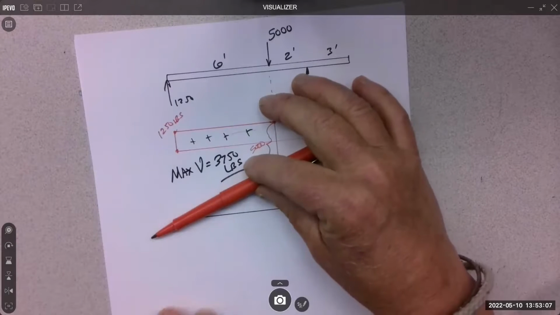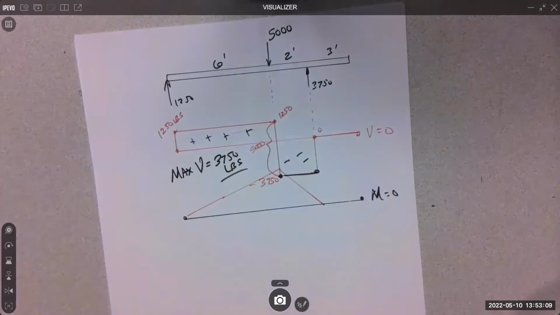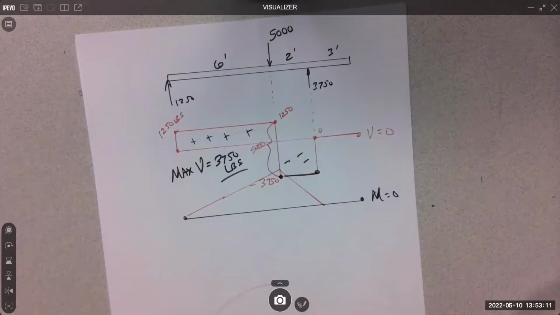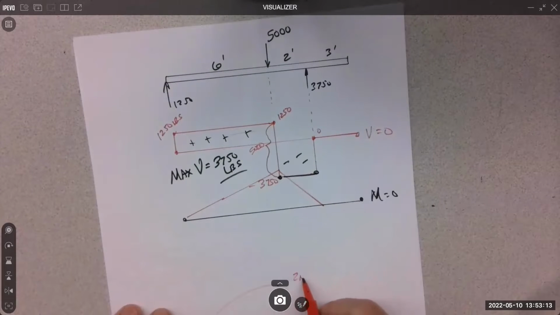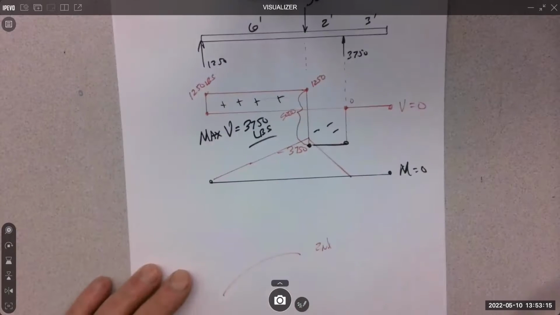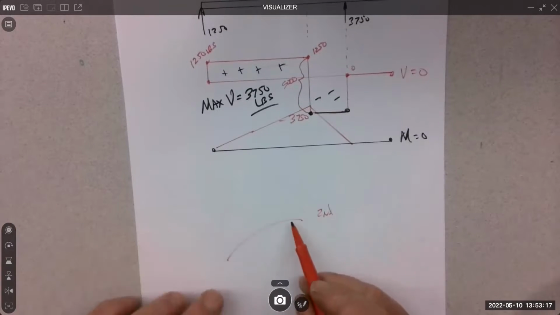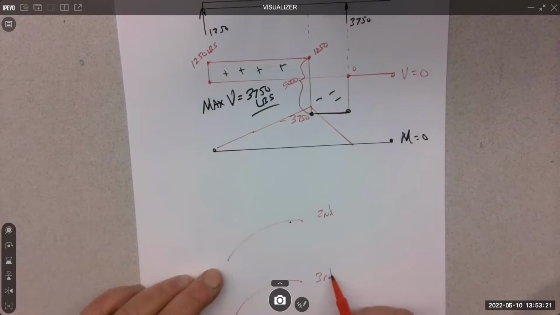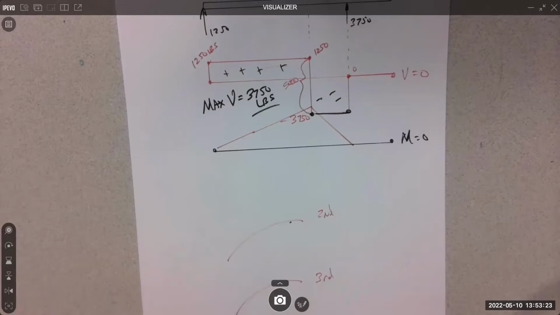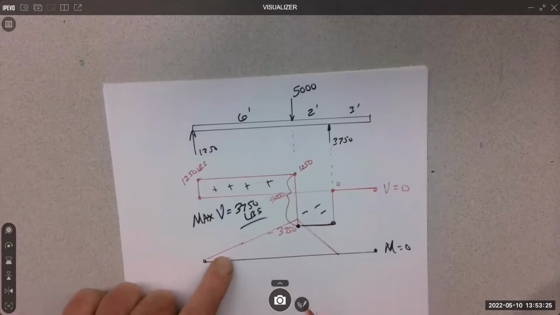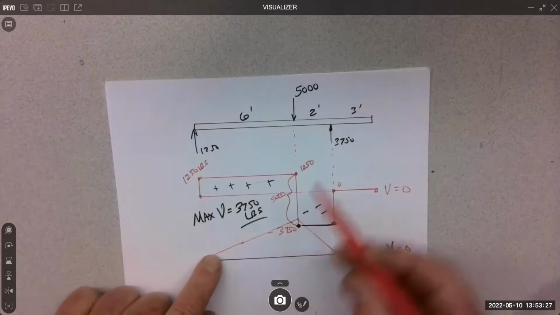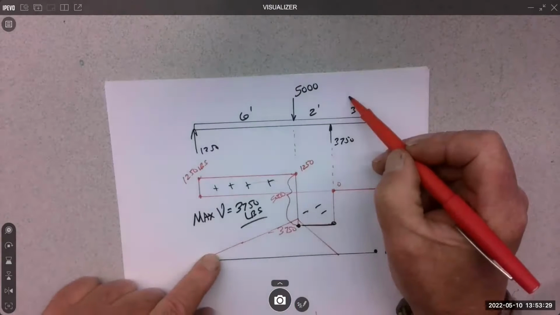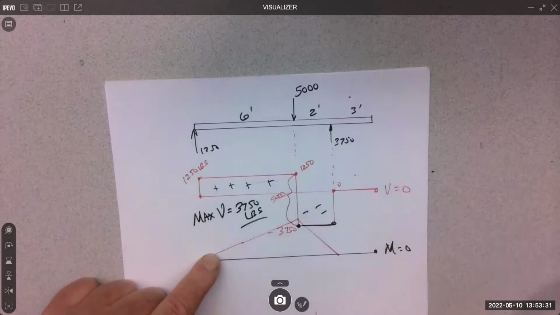And a sloped line would turn into a parabolic line, a second degree parabola. And then the next is a third degree parabola. In other words, if I'm given a sloped load curve, then my shear is going to be parabolic and my moment is going to be a third degree parabola.